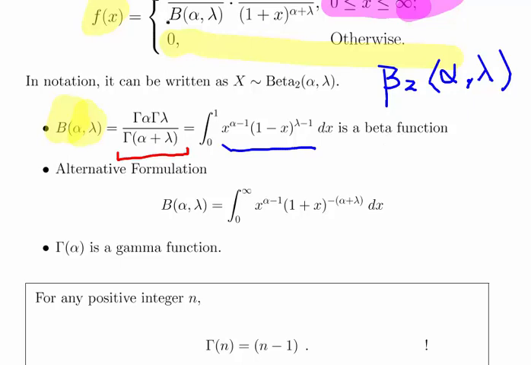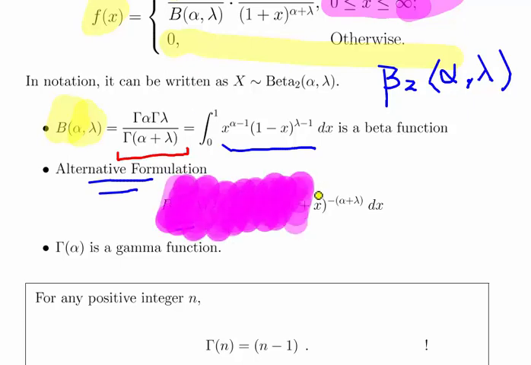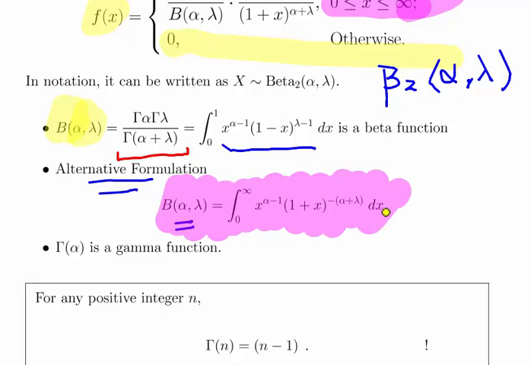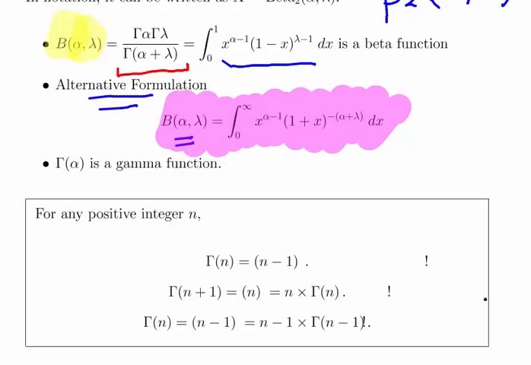Now, we require an alternative formulation, so I'm going to use this one here. This is the key thing really, because this formulation of the beta function suits the beta type 2 distribution when you're working with it. The limits of this beta function here are 0 to infinity.